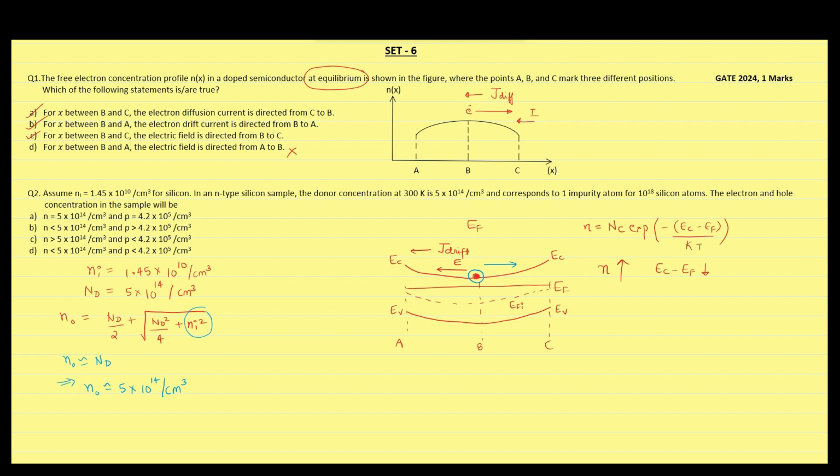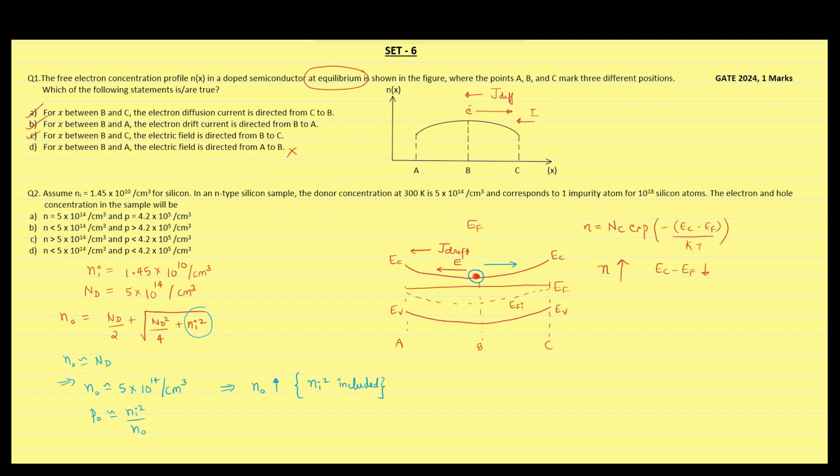After considering the value of Ni square, the free electron concentration will increase, even though a little, but still it will increase. For hole concentration, we have Ni square divided by free electron concentration.